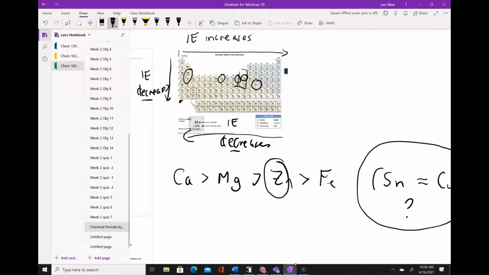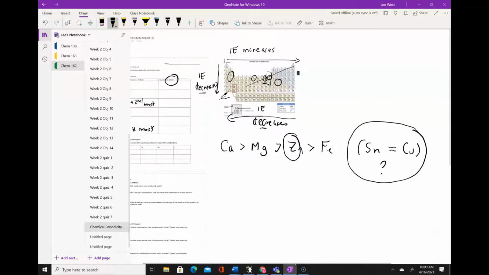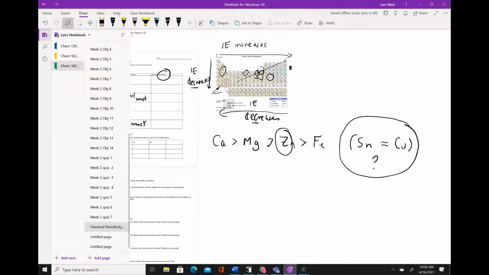So if I use that trend of increasing reactivity this way, I'd probably put the reactivity of copper as being, well, it's kind of difficult, isn't it?